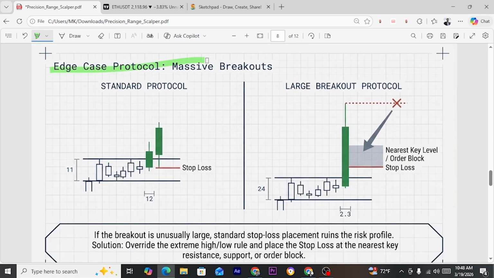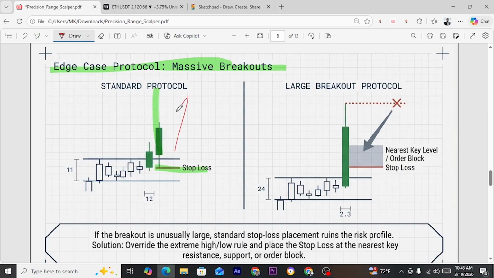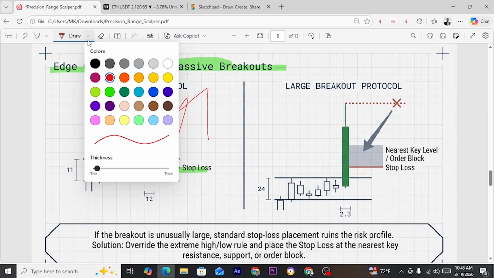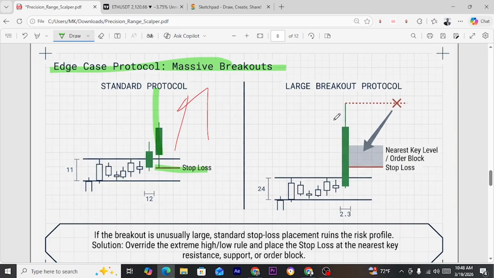So in the massive breakout protocol, if there is a breakout here, the lowest point will be the stop loss and the position will be here, going long. If we see that large breakout, just enter long here, then it goes up. Now if it breaks the order or stop loss here, we exit.